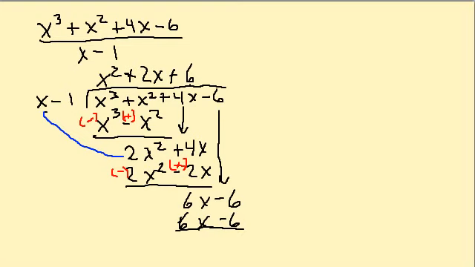And then we subtract. And to subtract, we change the sign and add. So we get 6x minus 6x is 0. Minus 6 plus 6 is 0. So this is our answer: x squared plus 2x plus 6.